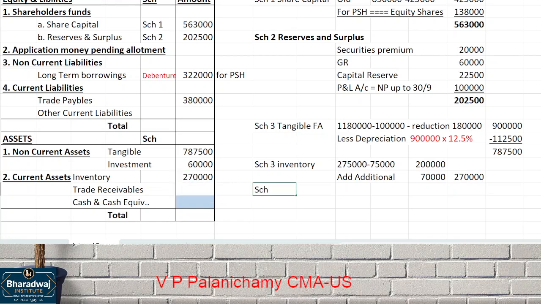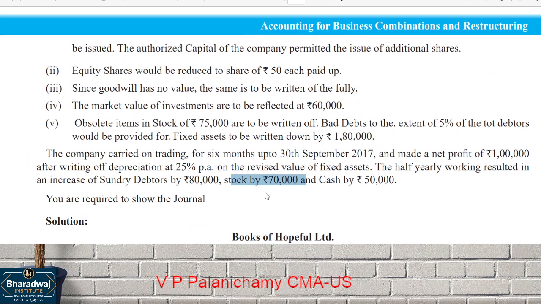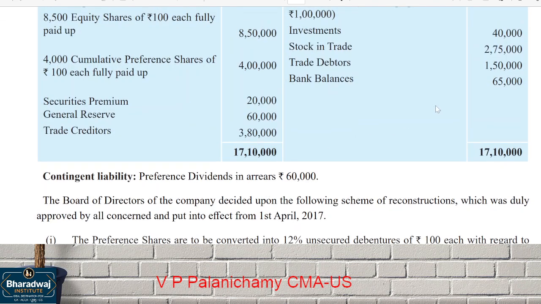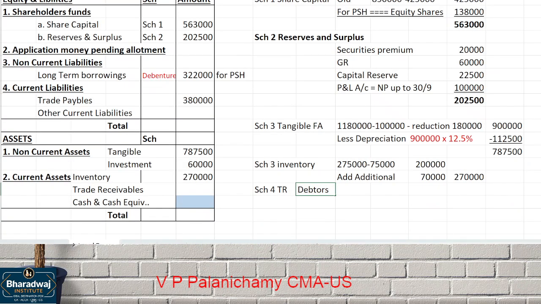Schedule 4. Trade receivables. What was the debtors balance? Look at the old balance. What is the old balance? 1,50,000 minus bad debts, how much? 5%, 7,500. It will give us 1,42,500.